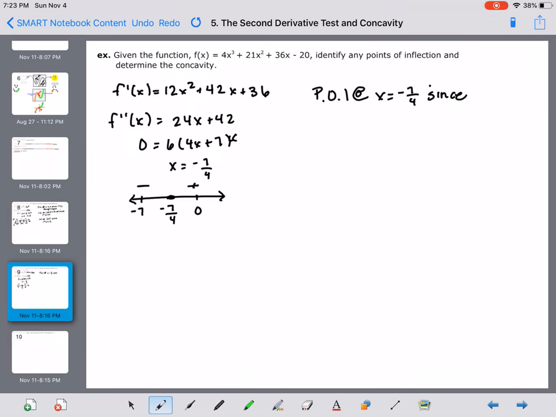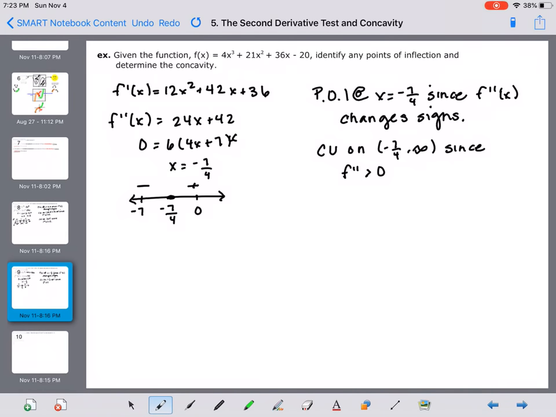My justifications are always the same. My second derivative, I can write f double prime of x, or I can write f double prime, it doesn't matter. Since f double prime changes signs. Okay, I could say this is concave up on the interval negative 7/4 to infinity, since f double prime is greater than 0.